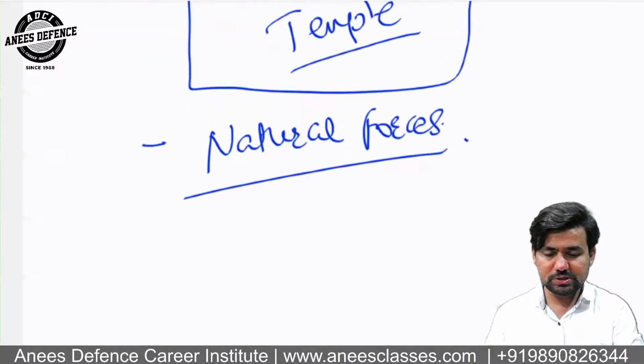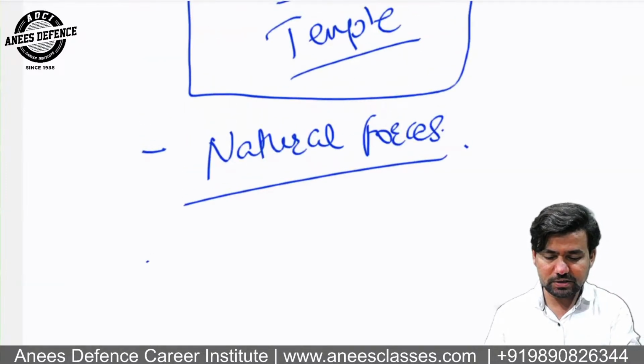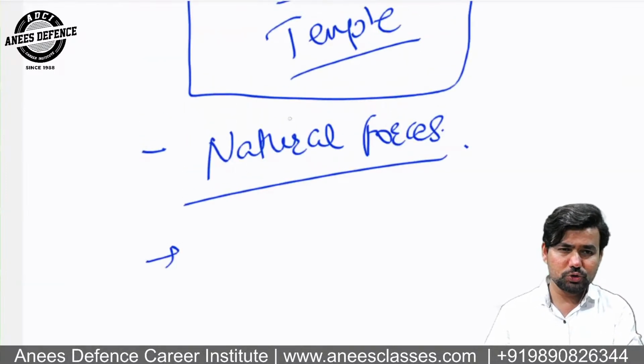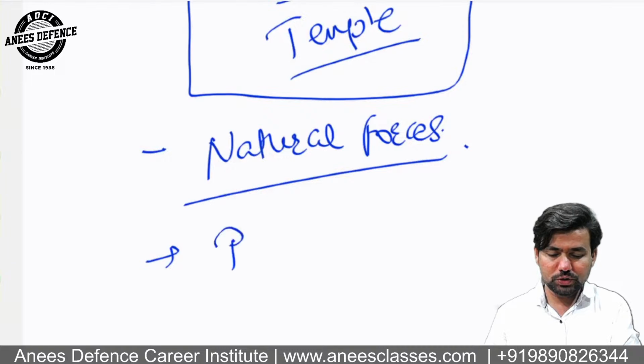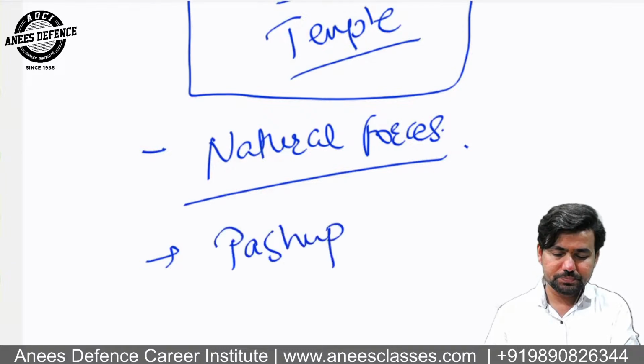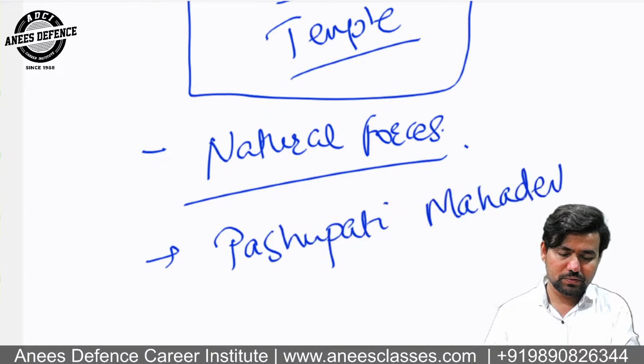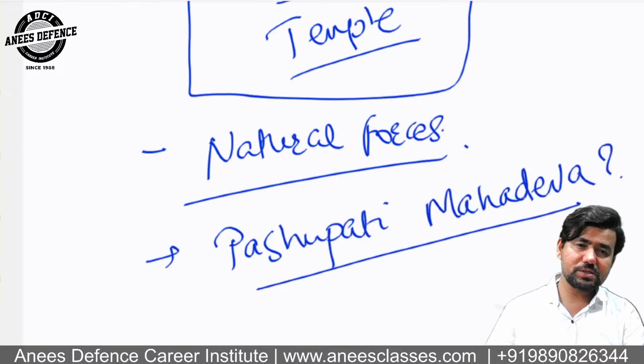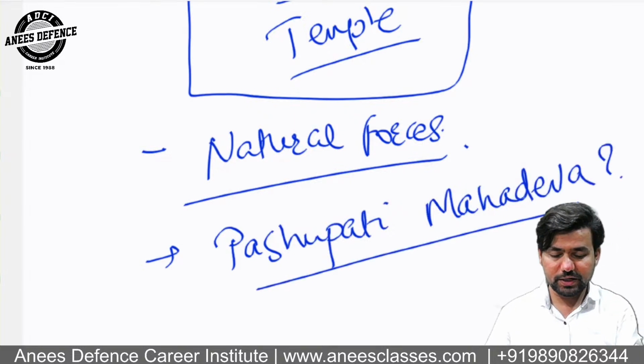As long as other sculptures or idols are concerned, as Sir talked about Pashupati Mahadeva, one should obviously know how many animals surrounded Pashupati Mahadeva. Okay? There were 4 animals.